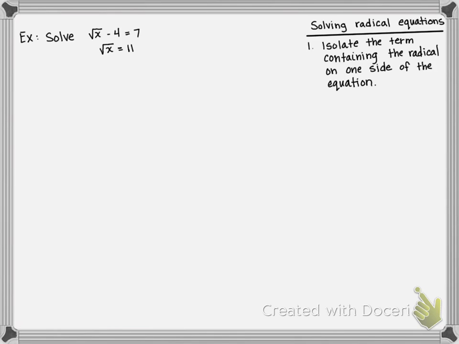And now what you're looking for in this step is you want one term on one side of the equation that contains a radical. It's okay if you have a coefficient here. When we say term, we just mean no addition or subtraction, because that's where we have to distribute. The coefficient has no effect on moving stuff to the left or right.